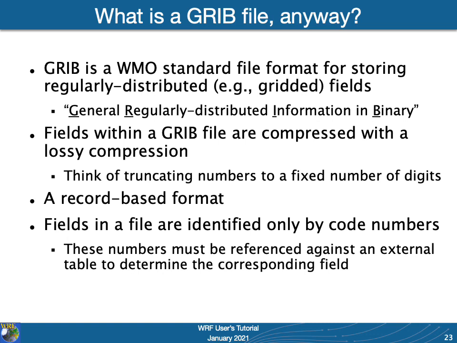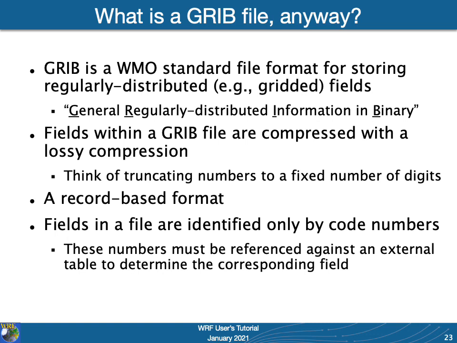Now, GRIB is a record-based format, so it means, for example, that you can take two GRIB files and concatenate them together to get one big GRIB file that contains the union of all of the fields in the two original files. And it also means that it's possible in principle to process individual records or fields from a GRIB file. And importantly for our discussion to come is the fact that the fields in a GRIB file are only identified by code numbers.